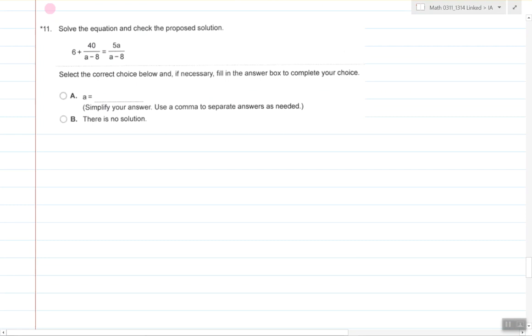All right, I am going to have to worry about domain exclusions. I know that a minus 8 equals 0 causes me trouble. So if a is 8, it should be excluded from the domain.